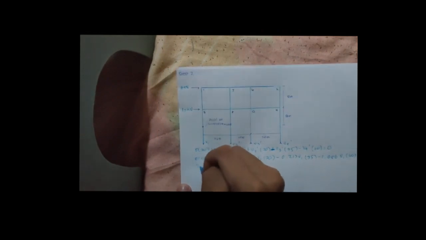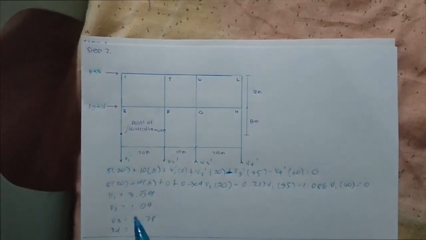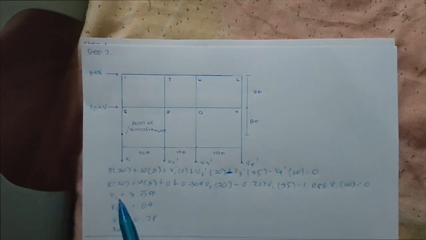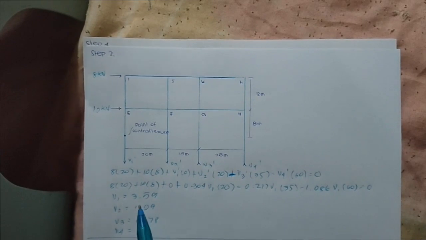So by inputting in the calculator, we get V1 equal to 3.59.